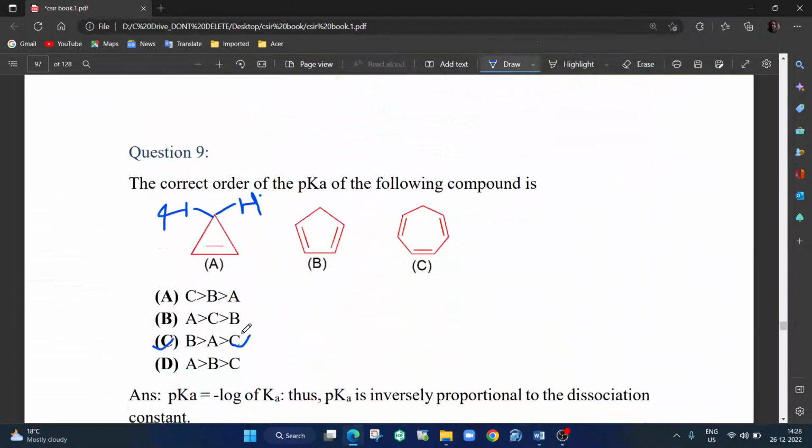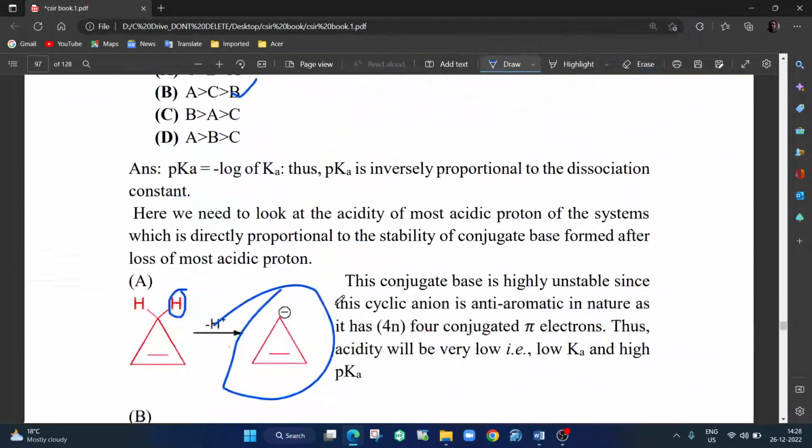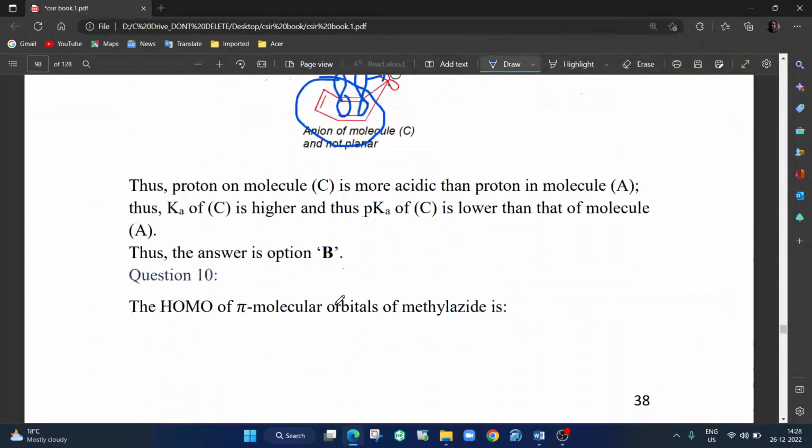Sorry, here B will have lowest pKa, because if it has lowest pK value it means it has highest Ka value, and A will have highest pKa, that means the lowest Ka, because it will never lose proton, because the system becomes anti-aromatic. This is non-aromatic. Still it is okay, but definitely anti-aromatic is not okay, right? Yeah, moving on to the next question.